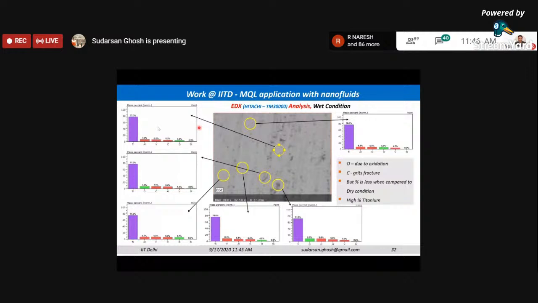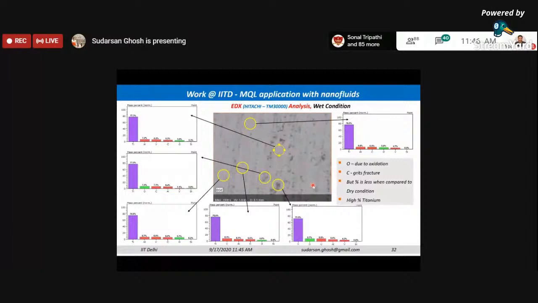Now in wet condition again, there has been some oxidation because oxygen was present. Grit fracturing has happened, but comparatively its percentage is much less compared to the dry condition. And also here we can observe a high amount of titanium. So the titanium content is more on the ground surface, which is actually desirable.